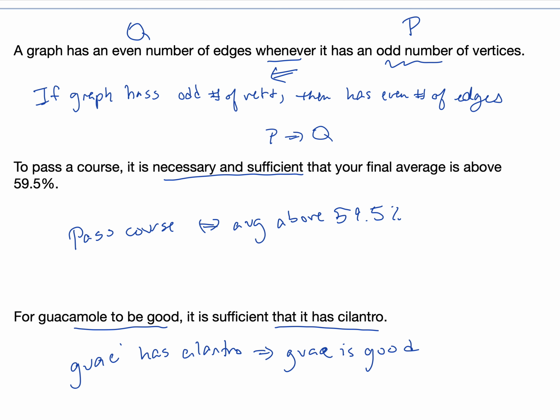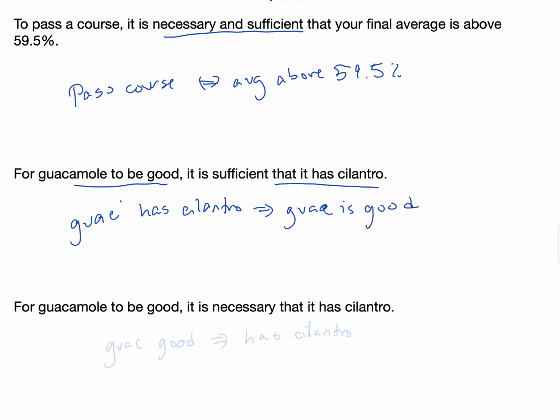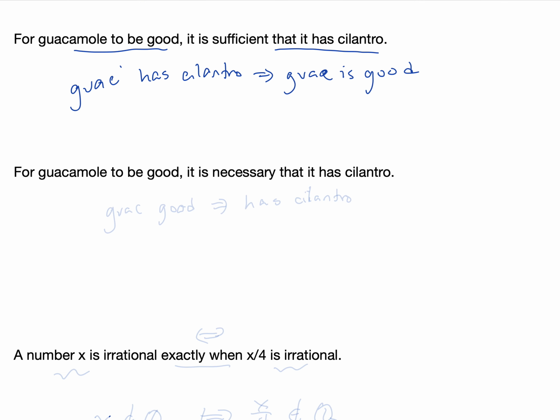Whereas necessary, that's going the reverse way. For guacamole to be good, it is necessary that it has cilantro. In other words, if the guacamole was good, it must be the case that it has cilantro. So guacamole being good means that it must have cilantro.